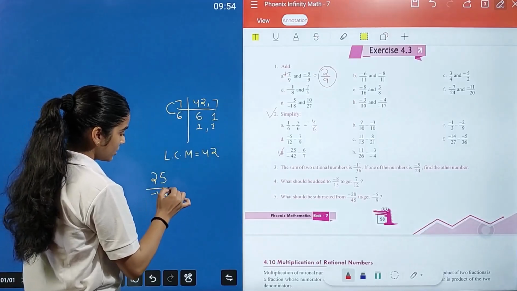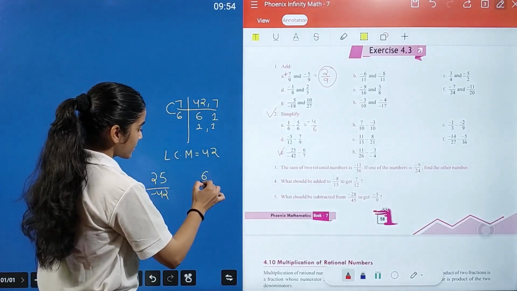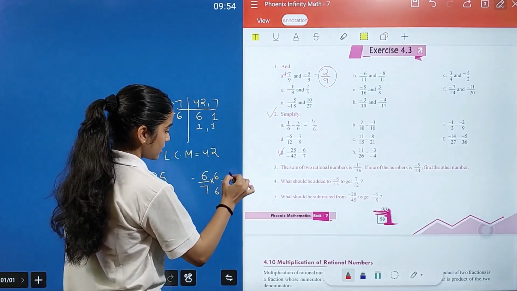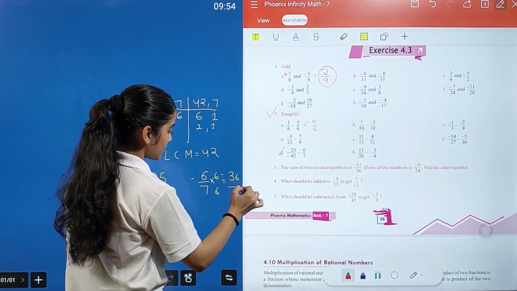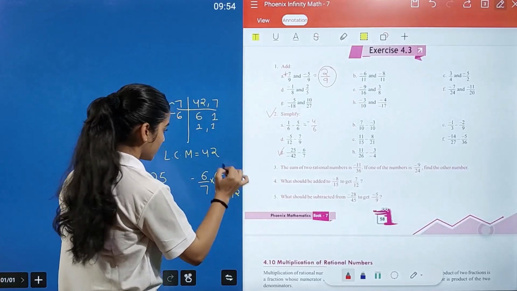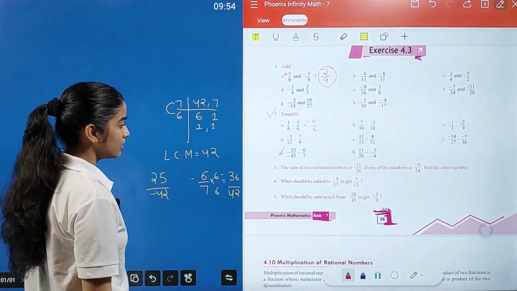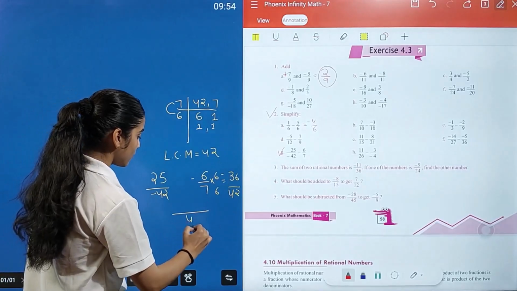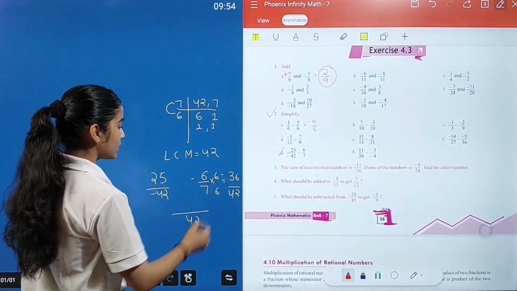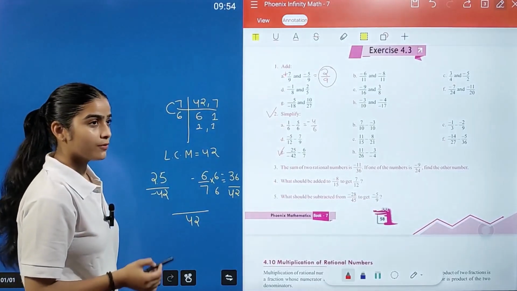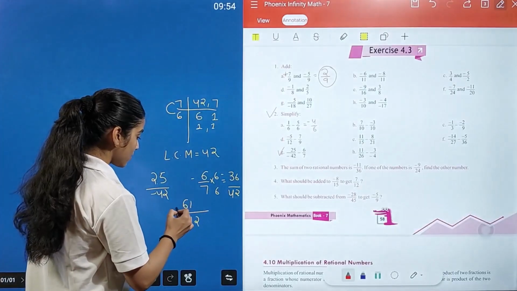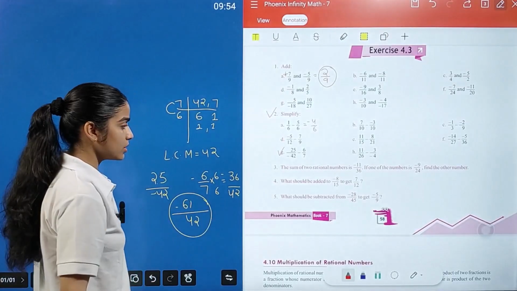So here again 7 sixes, minus 6 and 6. 6 sixes are 36 minus and 42. Now you have to deal with your numerator only. But in both the cases we have minus, so 25 and 36. 25 and 35, 30, 60 and 60 plus 1 is 61. So minus 61 upon 42 is your answer.